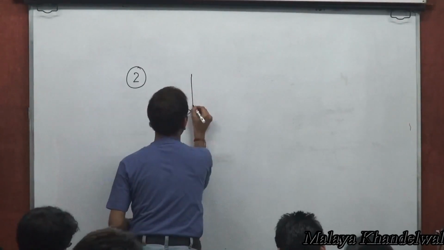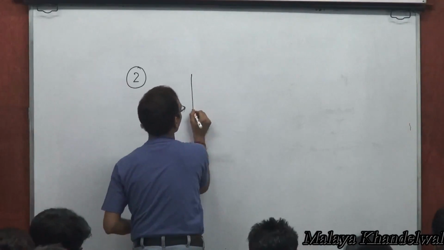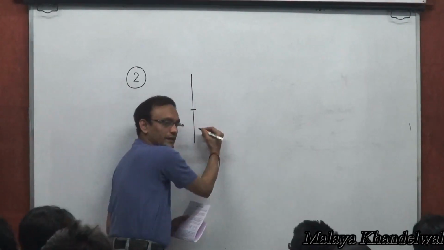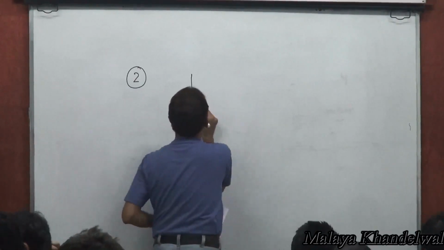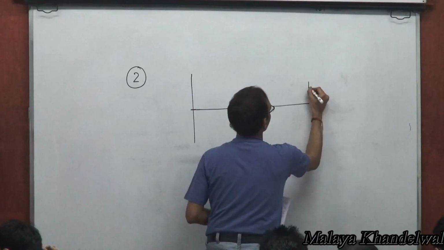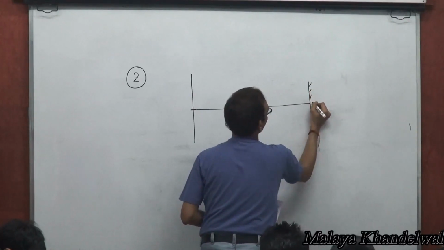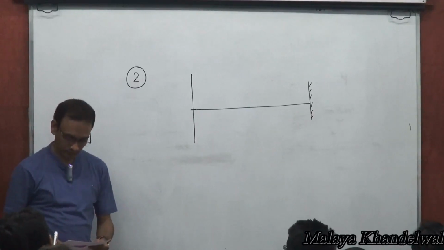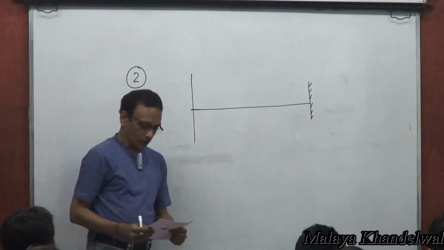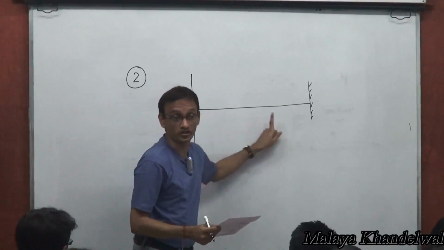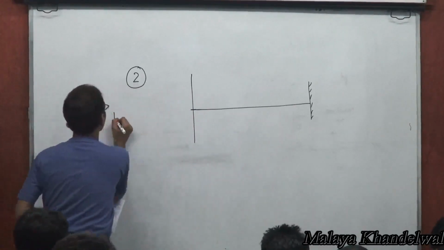So this is a vertical rail and there is a block which can slide up and down along this rail, right? The other end of the string is connected to a fixed wall. The string is horizontal and has a tension F.